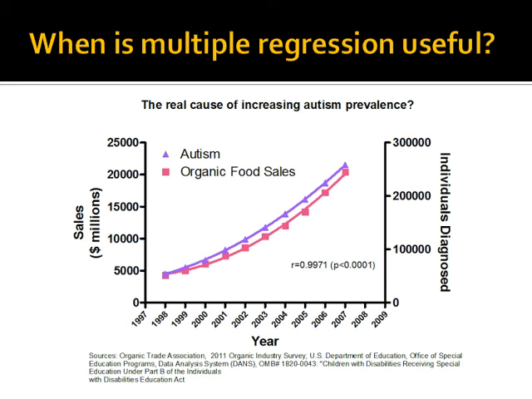prevalence. So multiple regression is useful because we would start looking at various impacts of different independent variables on things like autism prevalence, and it helps us to understand whether something really has a relationship or not.